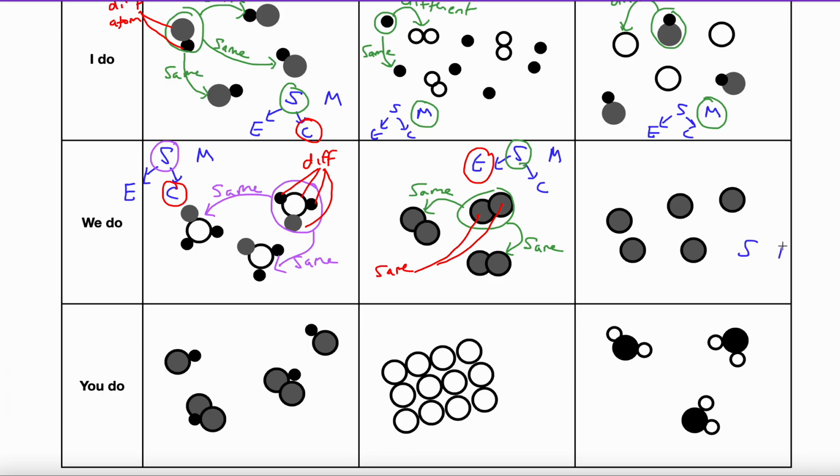So my last example here, is it a substance or mixture? And if it's a substance, is it an element or compound? So I choose one particle, which is just that guy there, and I compare it to the next one. They are the same type. And then I compare it to the next one. They are the same type. I compare it to this one, same type, and I compare it here, and they are the same type.